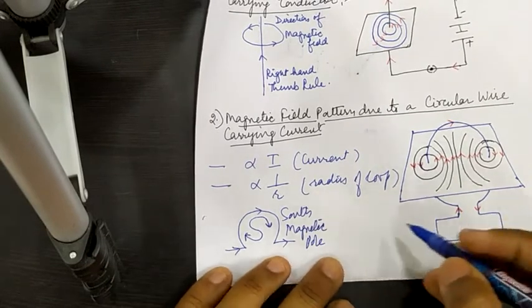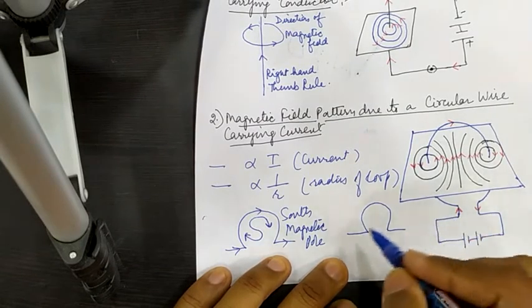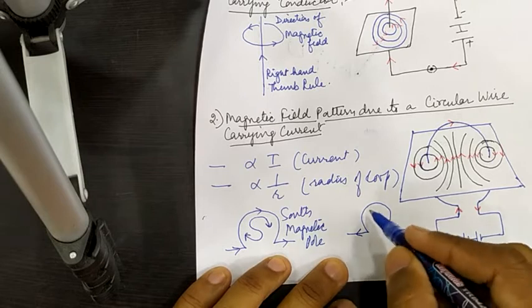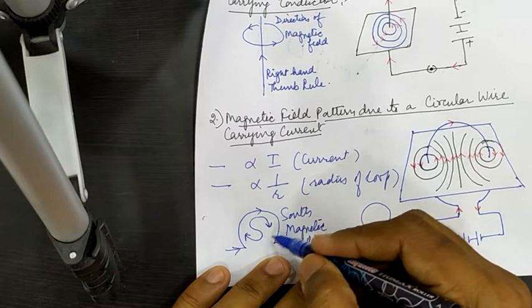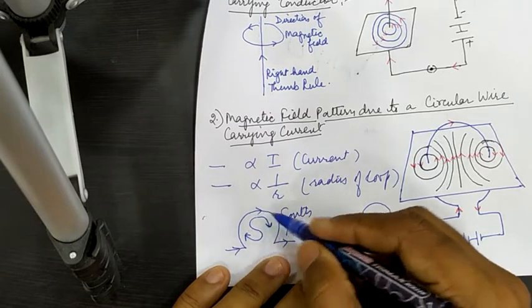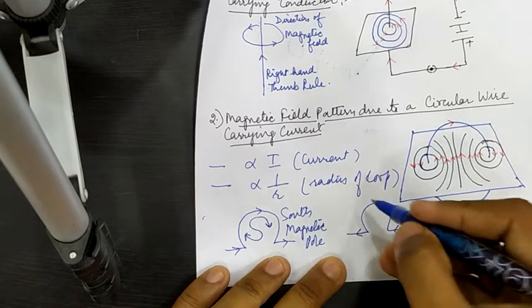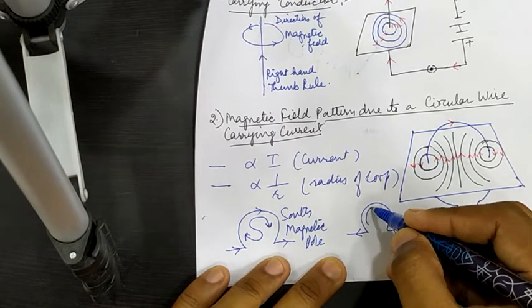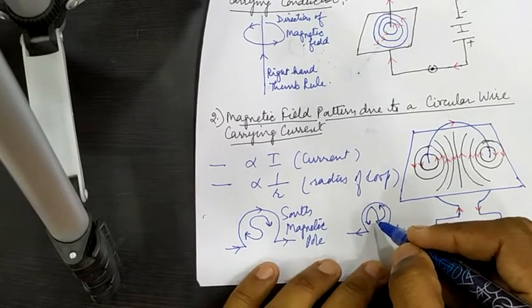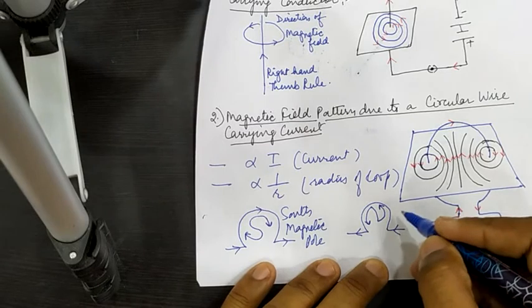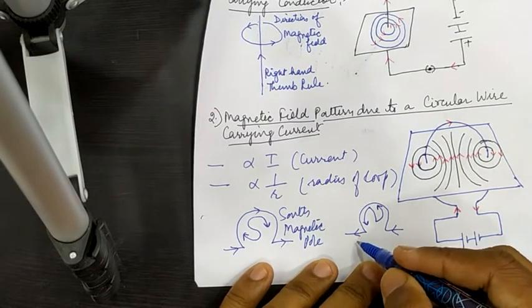Similarly, current moving clockwise gives a south magnetic pole. And in case of anti-clockwise, just put like this, the arrowheads of N, and you will get the north magnetic pole, and here the current is anti-clockwise.